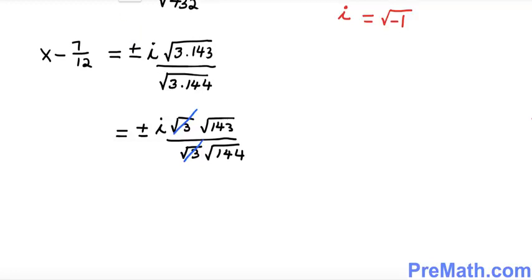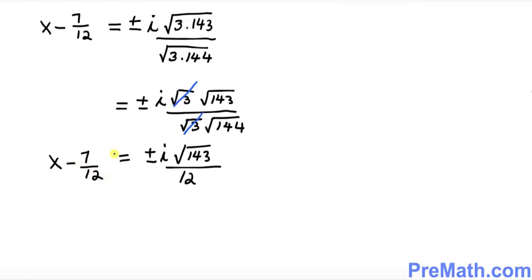So we are pretty much done. Positive or negative i times square root of 143 divided by, we know that this is a complete square, square root of 144 equals 12. So that is equal to x minus 7 over 12.